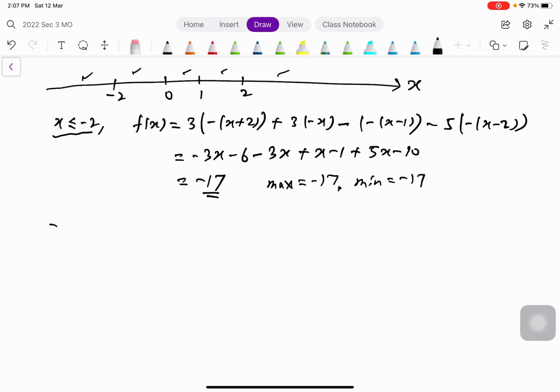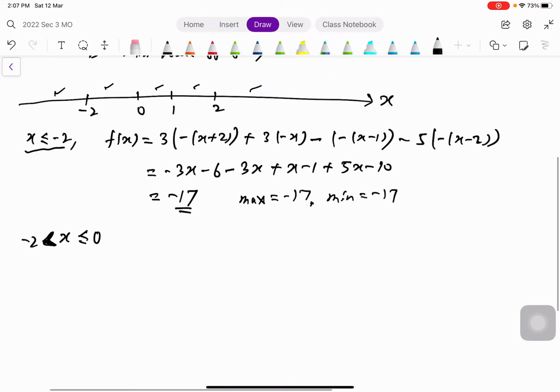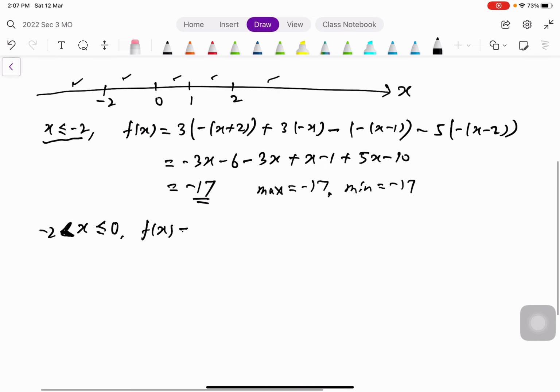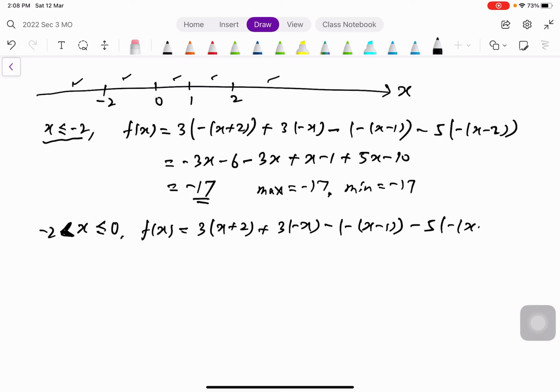Next, we consider x greater than minus 2 and less than or equal to 0. In this case, you just remove the absolute value sign correctly. That means this will be 3 times x plus 2, and then plus 3 minus x, and then minus x minus 1, and then minus 5 times negative x minus 2.